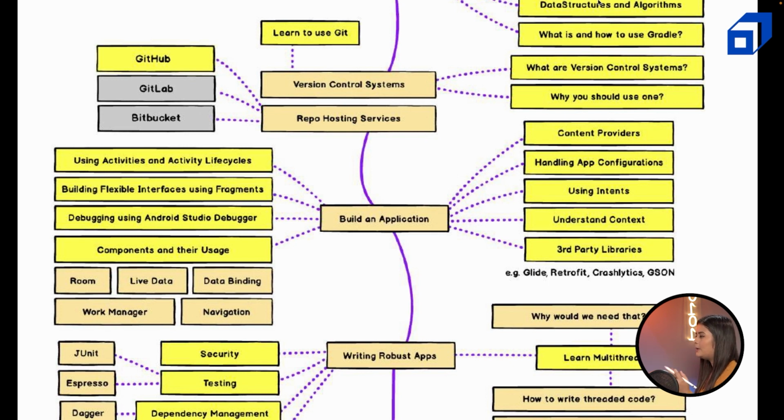If you are dealing with APIs in advanced and complex applications, if you deep dive into this domain, you will know how to get into stuff like Retrofit, how to manage APIs and all such stuff, Crashlytics, JSON.